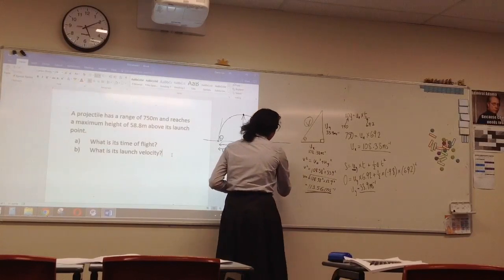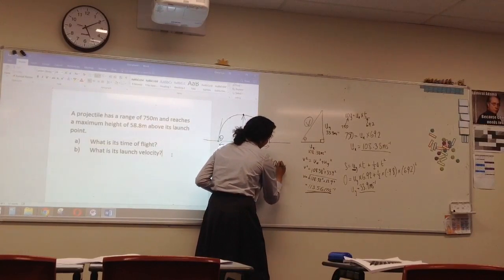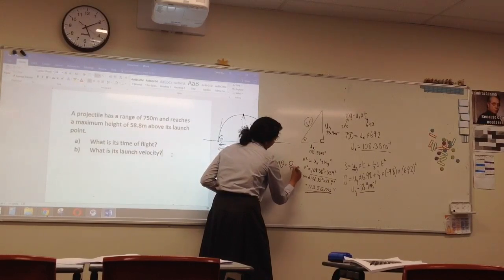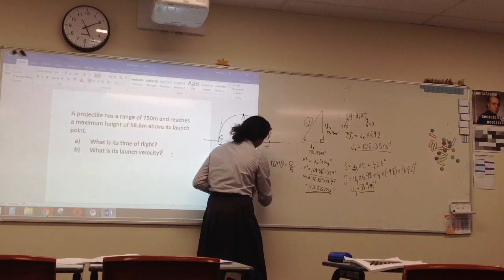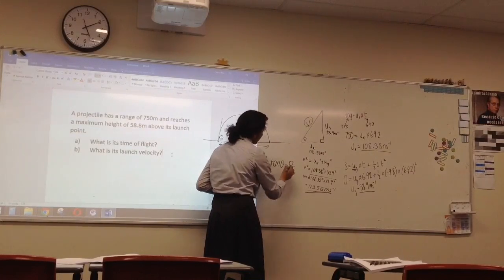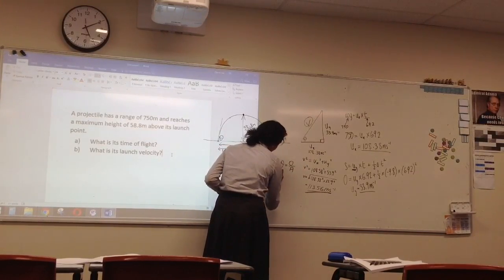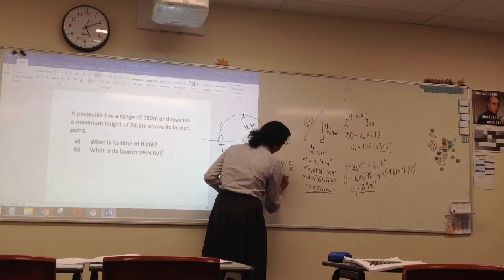So tan theta equals opposite over adjacent. That then equals 33.9 over 108.38.